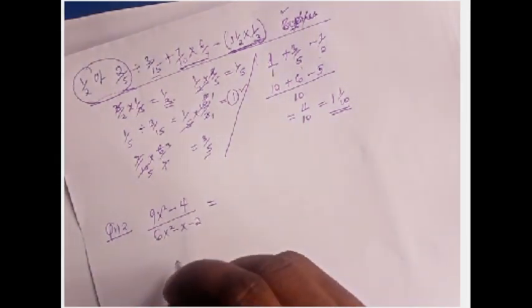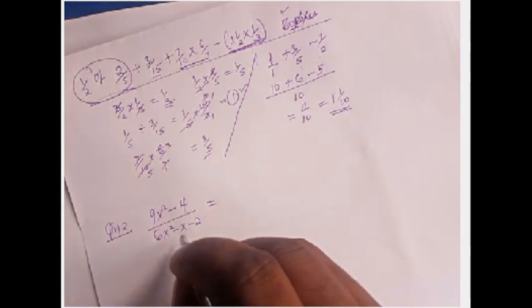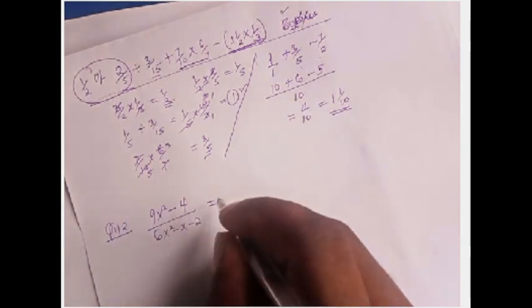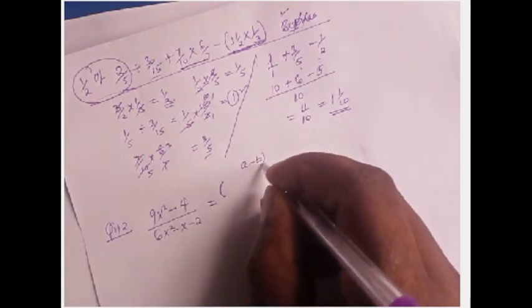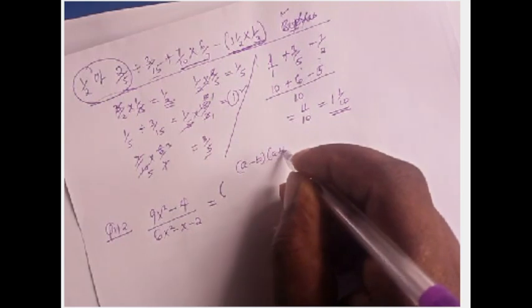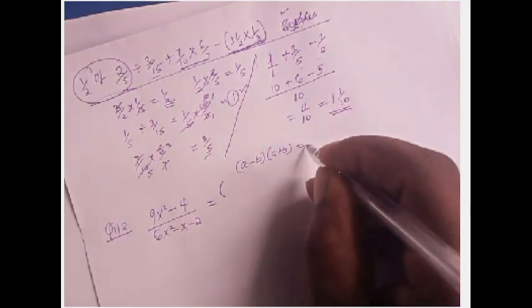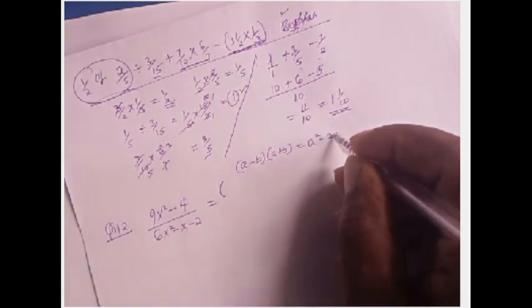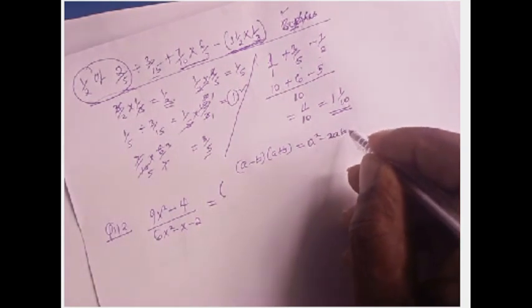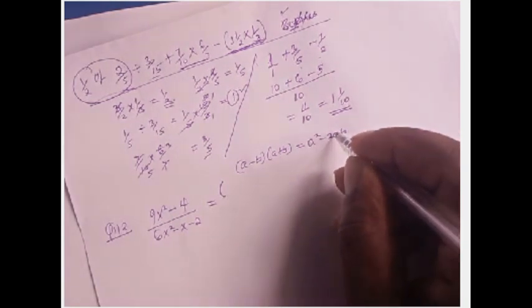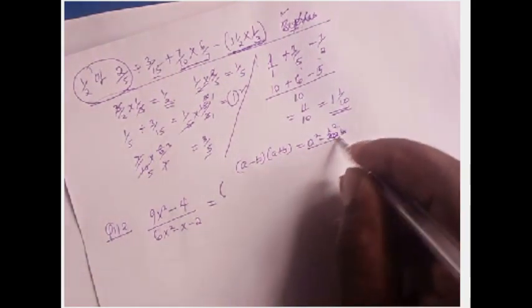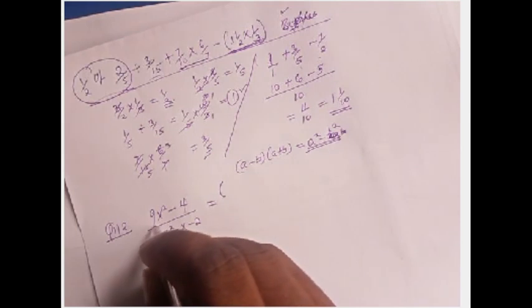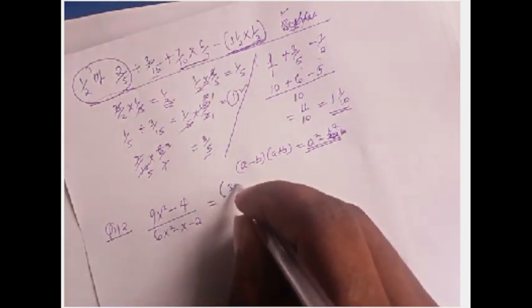factorizing the numerator, where the numerator is a difference of two squares. Going with the identity a squared minus b squared equals a minus b times a plus b. So the square root of 9x squared is 3x.